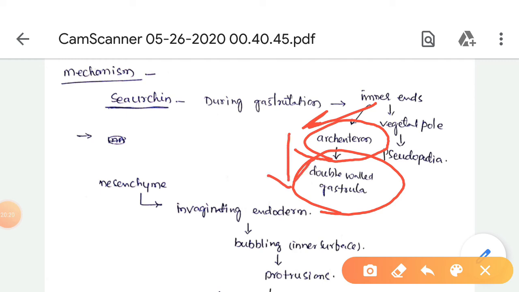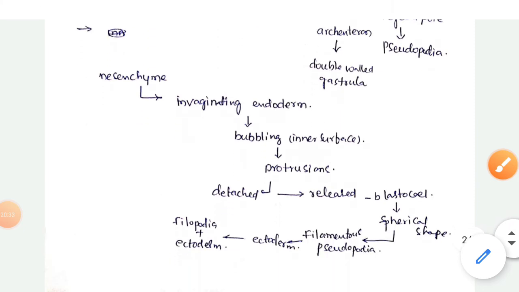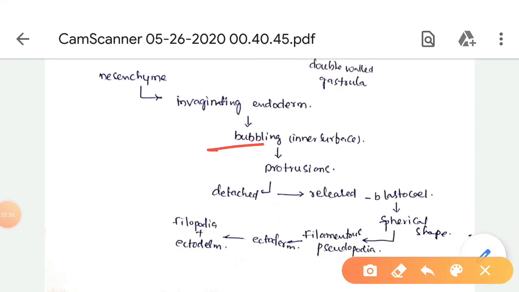So here the mesenchymal cells are formed from the invaginating endoderm. The cells start bubbling on their inner surface and they succeed in producing rounded protrusions.